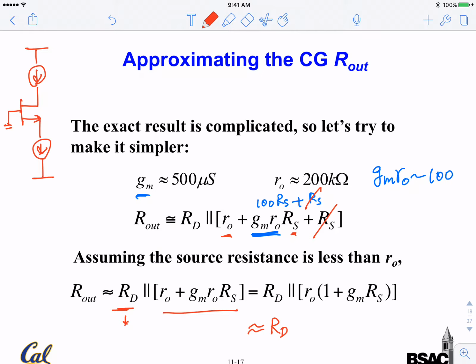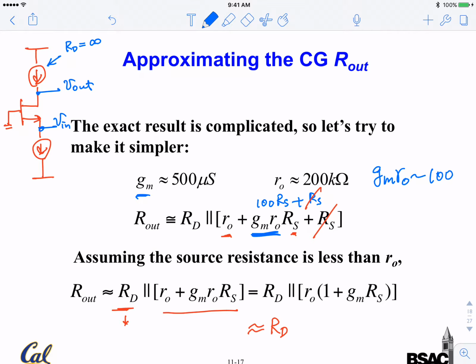I have a current source driving the source. I have a current source driving the drain. I apply my input here, just like before. I take my output here, right? Now the equivalent RD here is infinity. If I have an ideal current source, you look into an ideal current source, AC is open circuit. So RD is infinity.